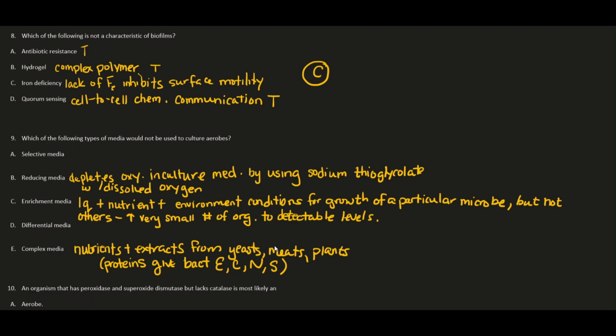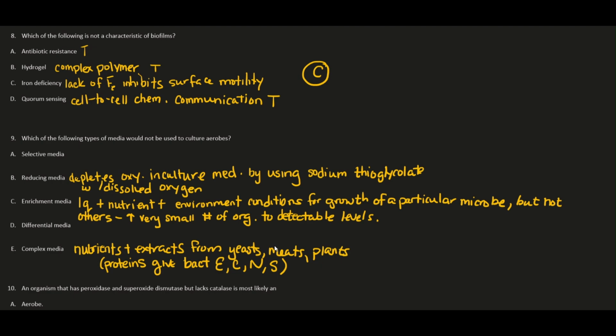There's an increase in very small numbers of organisms to detectable levels. We know differential media from our previous question. Again, hope you're taking notes. And E, complex media, nutrients and extracts from yeast and meats and plants. Proteins give bacteria energy, carbon, nitrogen, and sulfur.